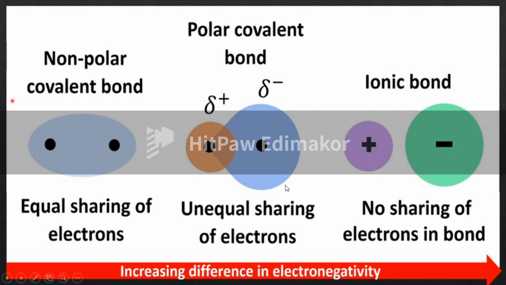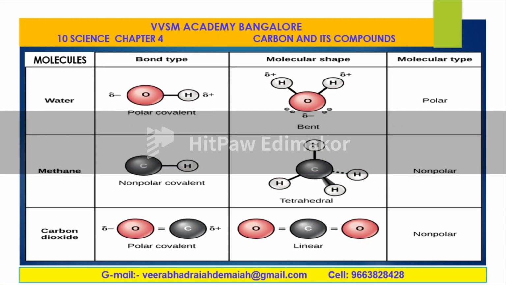In the case of an ionic bond, there is no sharing of electrons in the bond. Instead, there is transferring of electrons. That we have already discussed in our previous classes. Coming to bond types and molecules: water molecule, polar covalent, delta plus and delta minus. Oxygen has delta minus and hydrogen is delta plus.